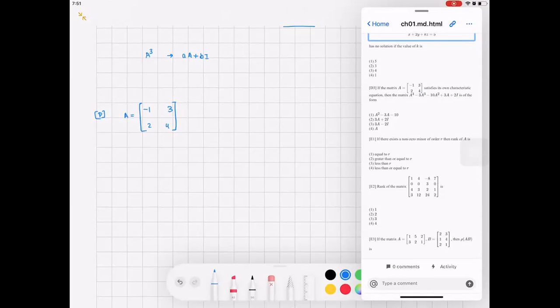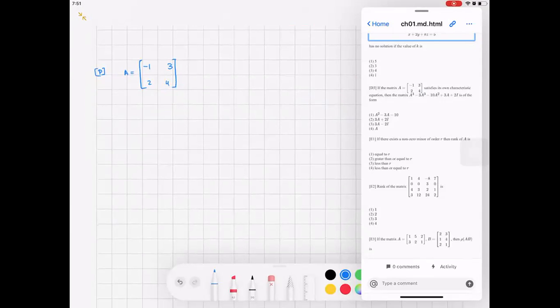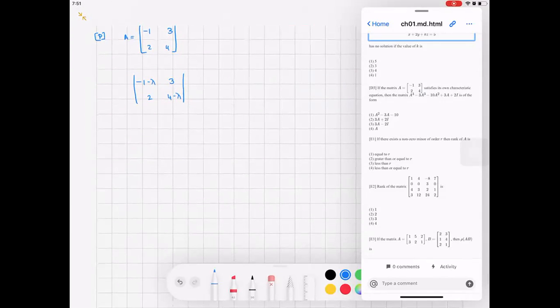So the characteristic equation is the determinant of minus 1 minus lambda, 3, 2, 4 minus lambda, equal to 0. That is minus 1 minus lambda times 4 minus lambda, minus 6, equal to 0.